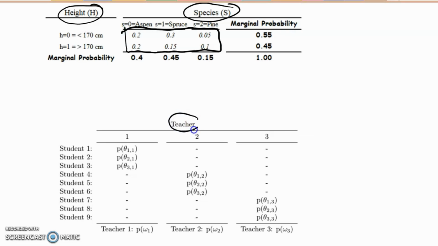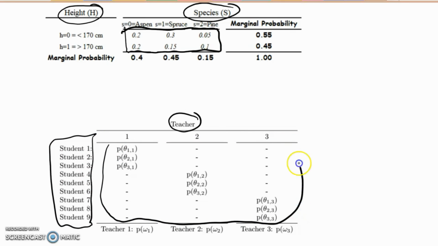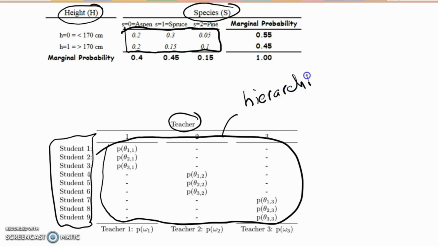And now we've got teachers and students, and in the body we've got joint distributions. But this is hierarchical. We've got the behavior of the students conditional upon the ability of the teacher.